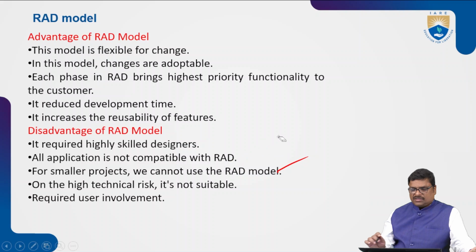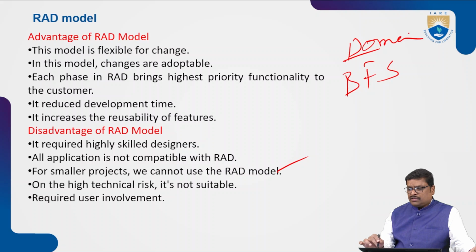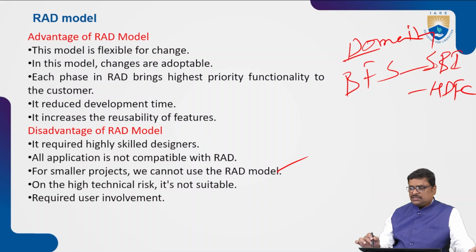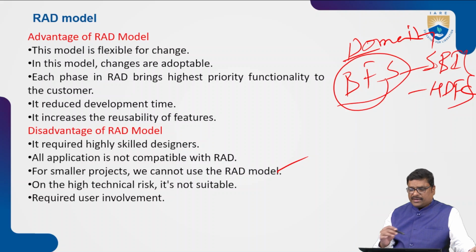So usually, where are you going to recommend the process model? For example, suppose we have a BFS project, the BFS domain, where we have different customers, like SBI, HDFC, etc. These are the different similar customers in the banking and finance domain.